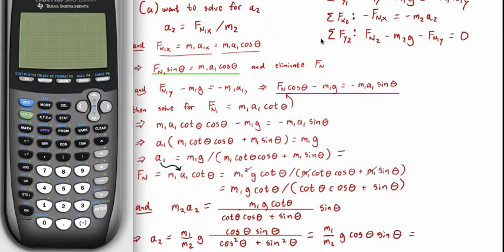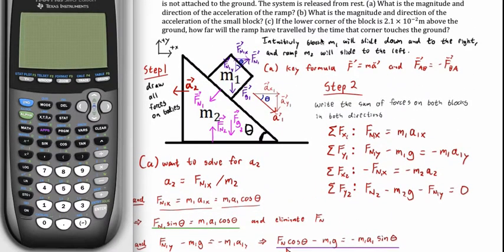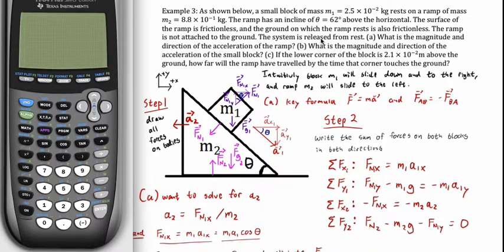So in the problem, we've got that theta is 62 degrees. All right, so let's go ahead and plug in. I'll plug in for a2 first, since technically that was asked for first. Let's turn on our calculator over here. So we've got m1 over m2. m1 is 0.025, and that's going to be divided by 0.88.